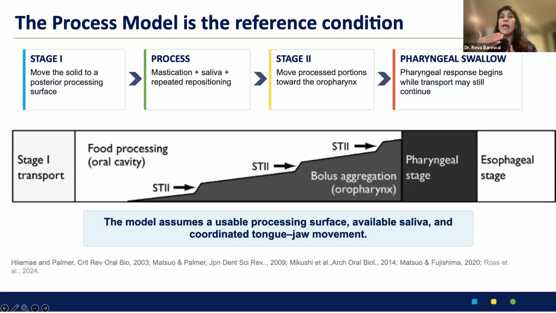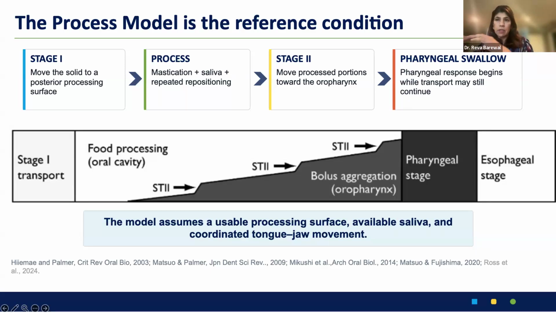During food processing, or stage two, you've got chewing, saliva mixing, and repeated tongue repositioning onto the occlusal surface, so it's this posterior movement. He also describes stage two as the tongue going from anterior to posterior in a squeeze back pattern.